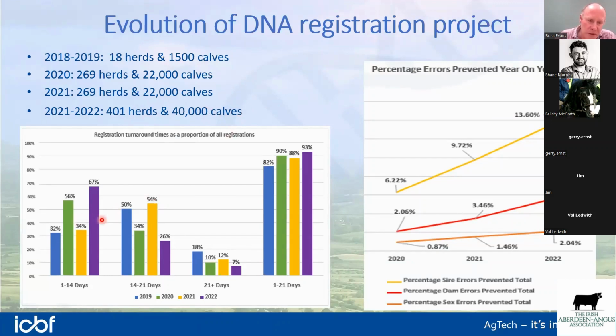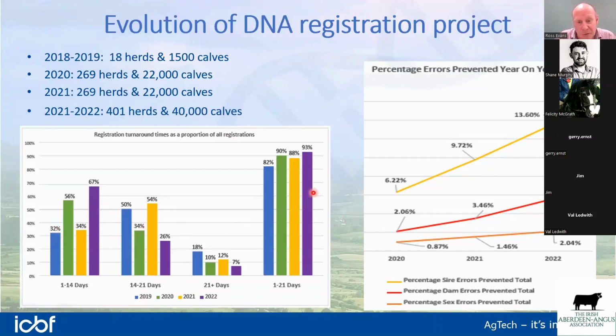And if you look at the metrics over time, the purple here is 2022, and you can see the other years there, that the metrics are getting better over time. We're managing to turn around 67% of samples now in 14 days versus 32% in the initial year.